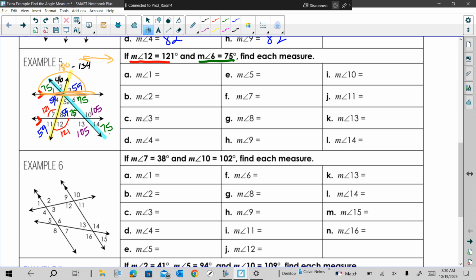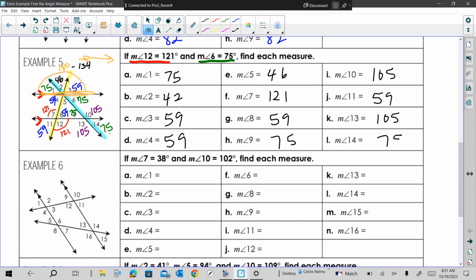And if that's 46, then 5 is 46. So now if I have it all in the diagram, I'm just transferring it over. 1 was 75, 2 was 46, 3, 59, 4 was also 59, 5 is going to be 46 because it's vertical to 2, it's right across from it, 7, 121, 8, 59, 9, 75, 10, 105, 11 was 59, 13, 105, 14, 75.